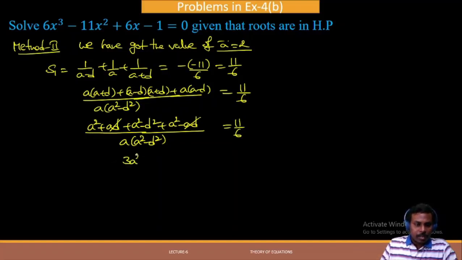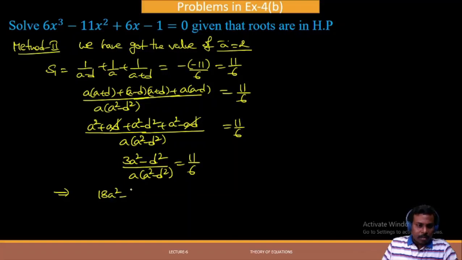So this becomes 3a square minus d square divided by a into a square minus d square is equal to 11 by 6. So that is equal to 18a square minus 6d square is equal to 11a into a square minus d square.